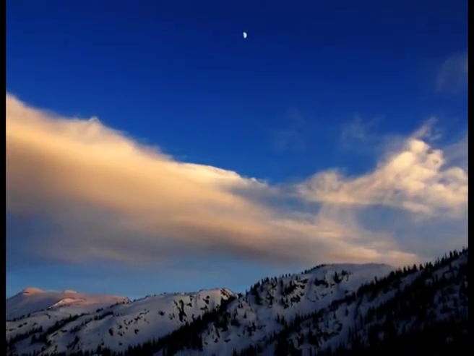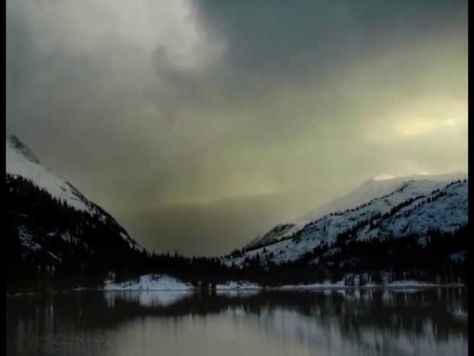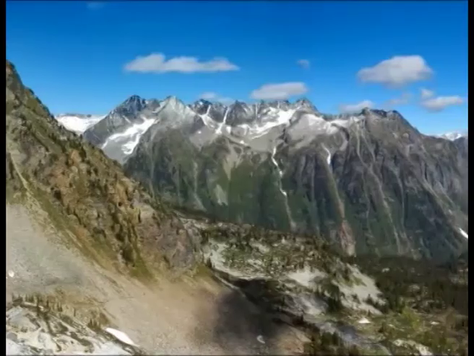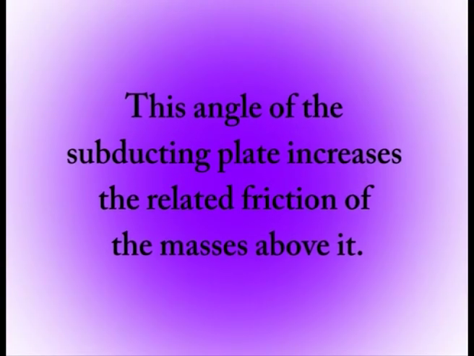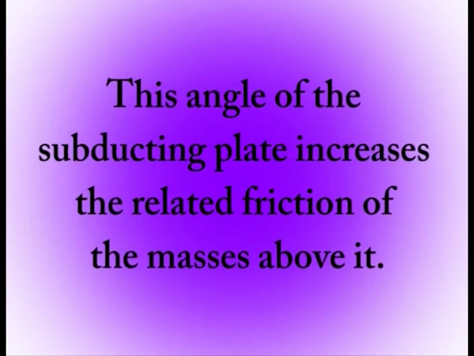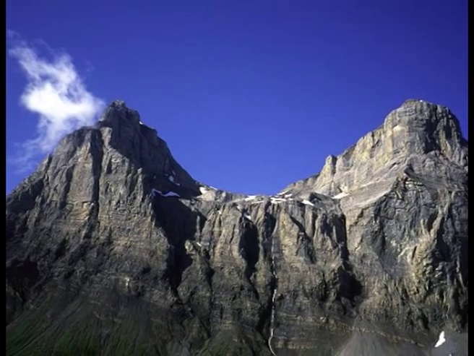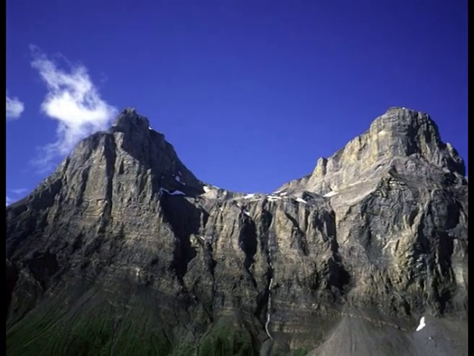During the growth of the mountains, this angle might get flattened and thus the mountain starts growing in inland zones. This angle of the subducting plate increases the related friction of the masses above it. Many thrusts of piled sheets on top build the huge mountains that we see.